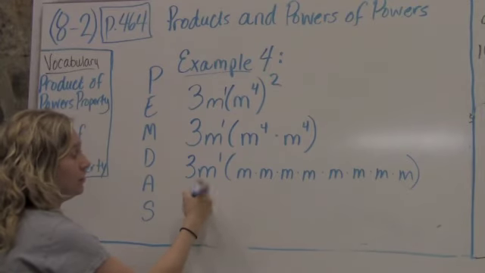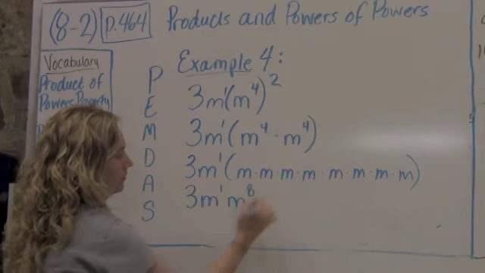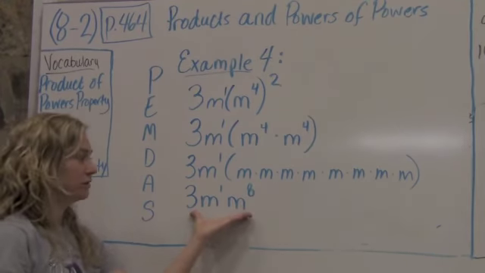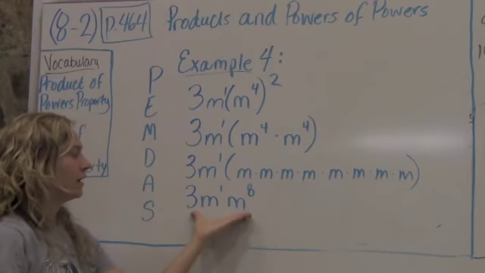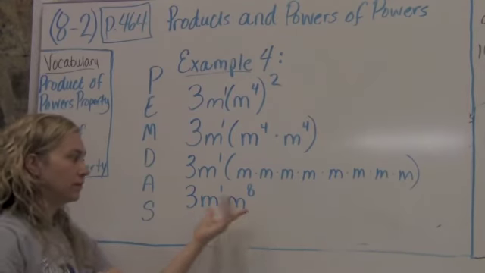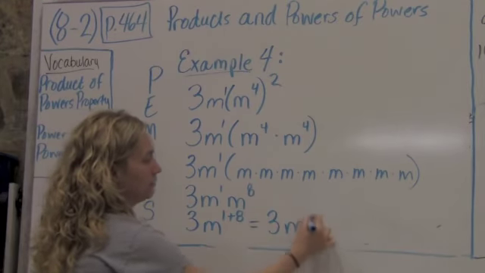You could continue, let's see, in this way. And again, you could expand, which would really be awkward and unnecessary. Or you could use the product of powers property, and you could see that 3 times m to the 1 plus 8 is 3m to the 9th.